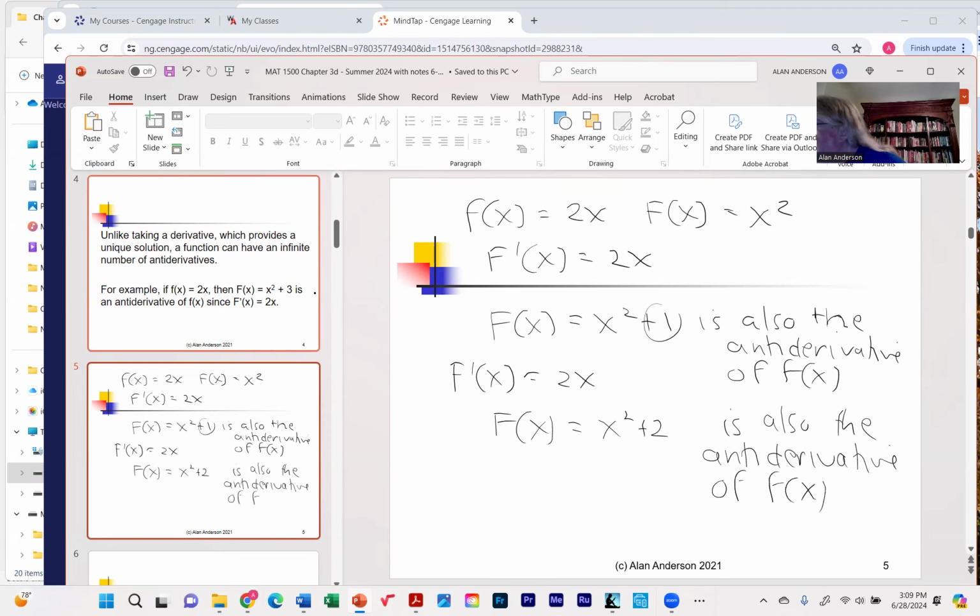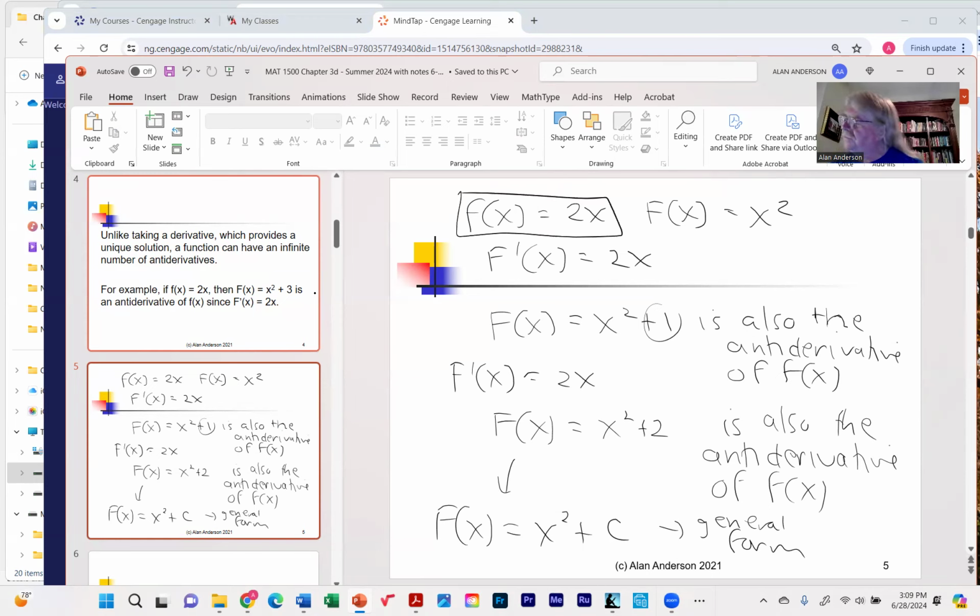And in general, we can make the case that x squared plus any constant c is the antiderivative of f of x. So this is the general form, the antiderivative of this original function. So in other words, the antiderivative is actually a collection of functions. Every one of them, when differentiated, will bring us back to the original function.